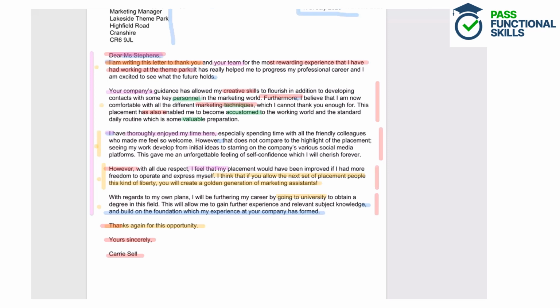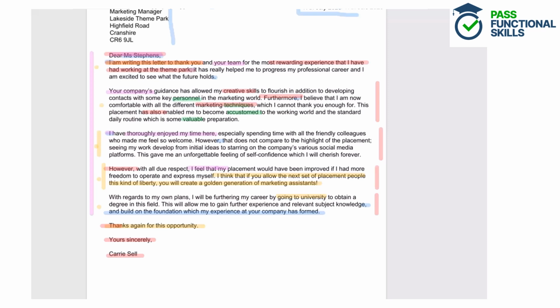It's been addressed to the correct person, Ms. Stevens, and there is a clear understanding that this person is the manager. So in the first paragraph it says your team, so that's clear that they're the manager of the team. And we've also got your company. So it's clear that they're talking to the manager, the boss of the company.